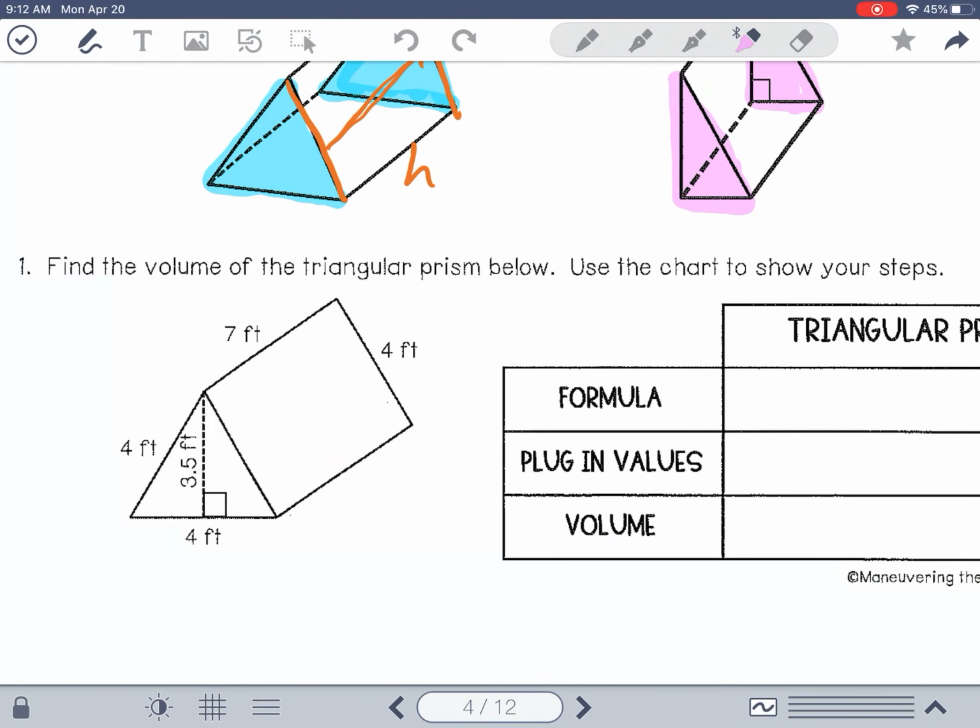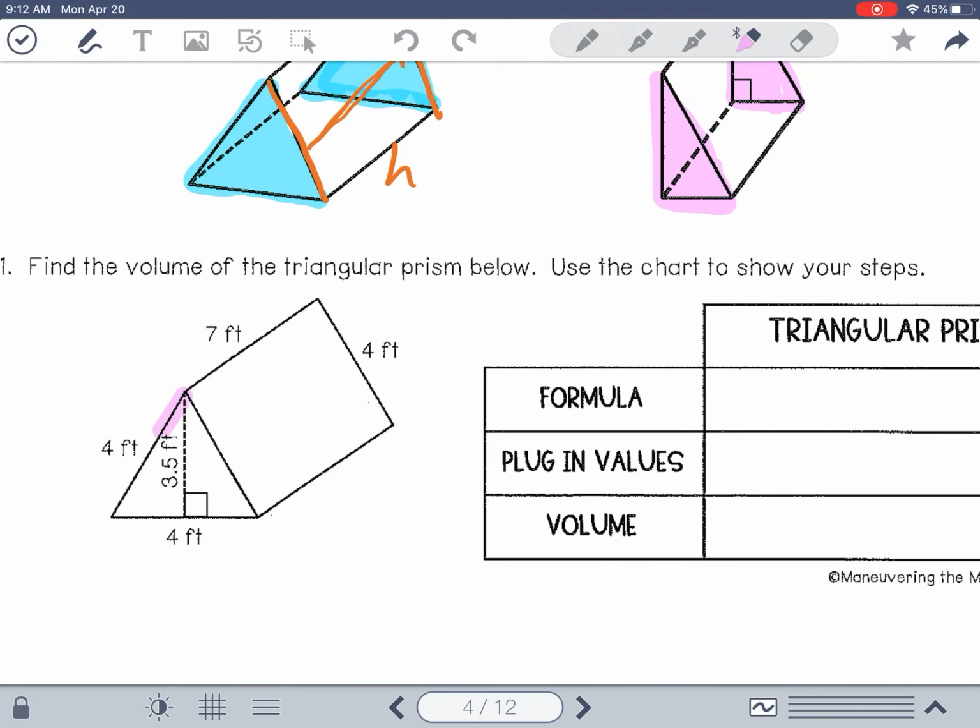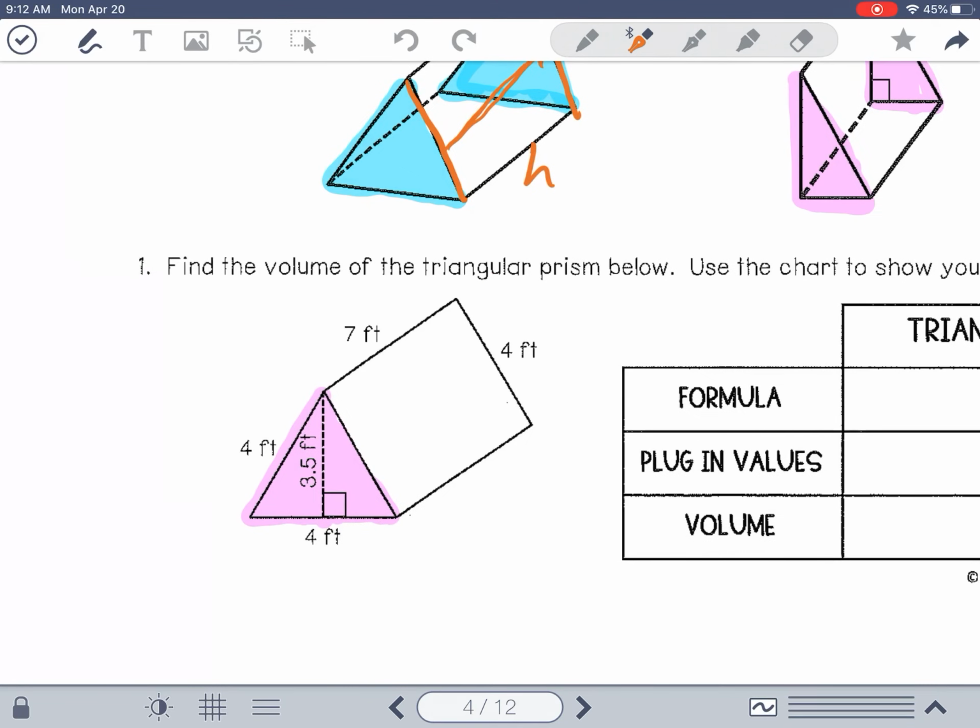Let's go to our example on the bottom. Find the volume of this triangular prism. It's a triangular prism, so the base, big B, is going to be the area of this triangle. So big B is the area of the base. That's going to be equal to 1/2 BH.